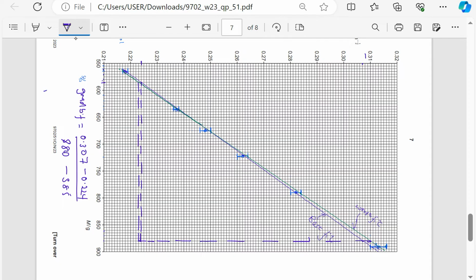Then for the worst fit, on the y we have 0.310 minus 0.223. Divide by the x-axis, we have 880 minus, I think the x-axis is almost the same.